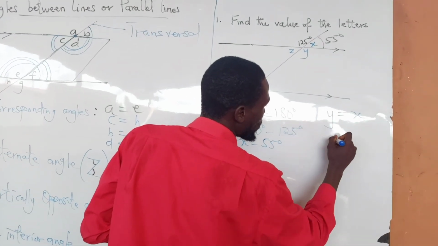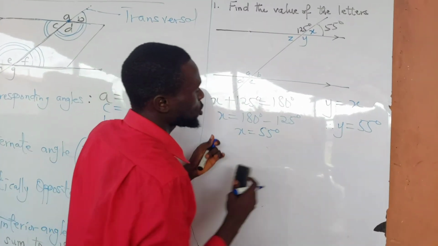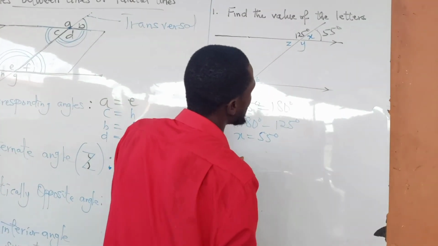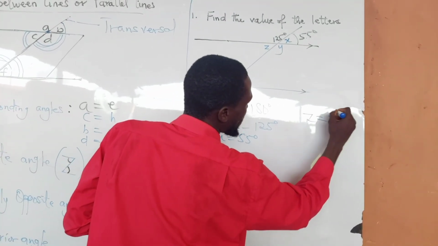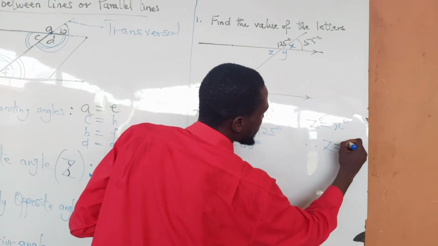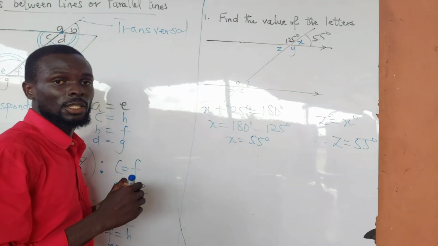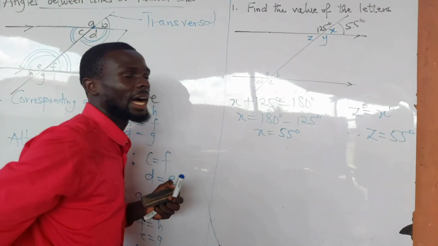Sorry, Z is equal to X because they are vertically opposite. So therefore, Z is 55 degrees. Why? Because they are vertically opposite angles.